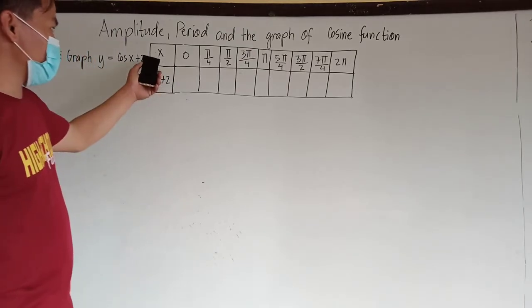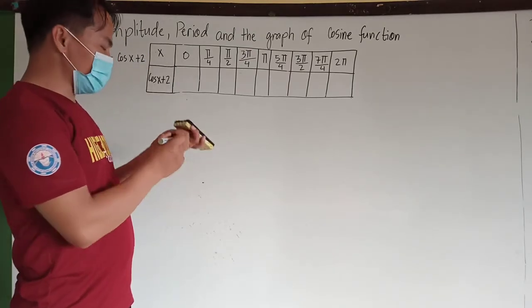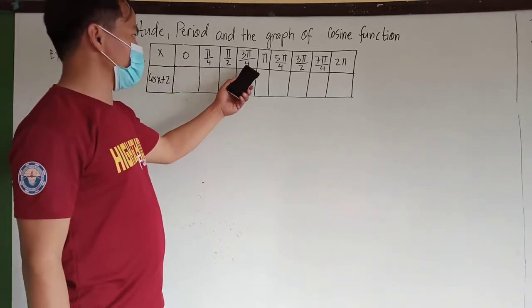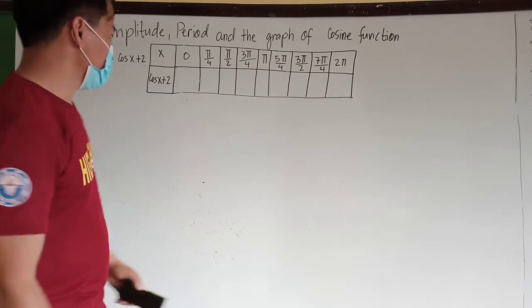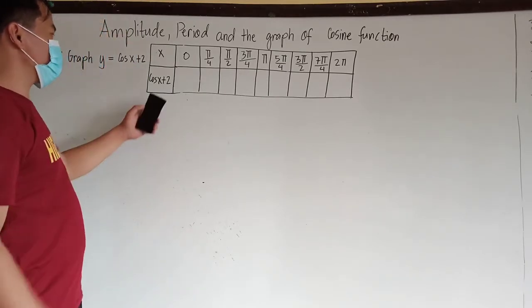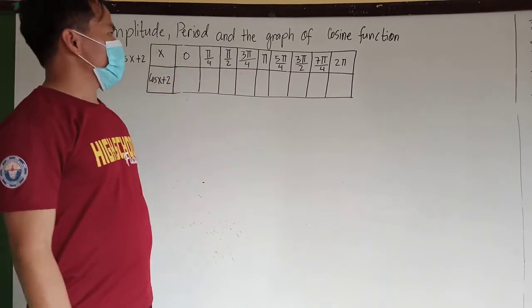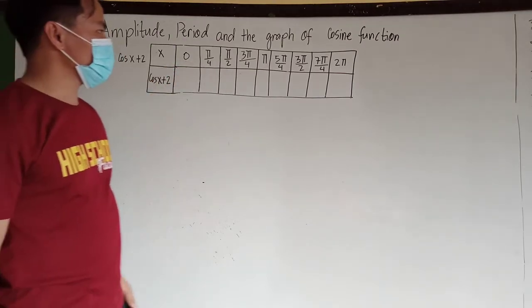We are given the independent quantities 0, pi over 4, pi over 2, 3 pi over 4, pi, and 2 pi. So we have to solve for cos x + 2 for these values of x from 0 to 2 pi.